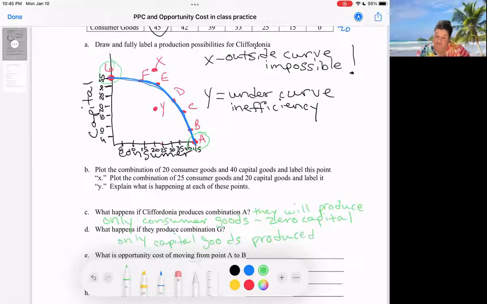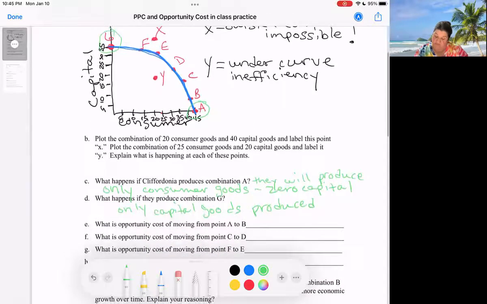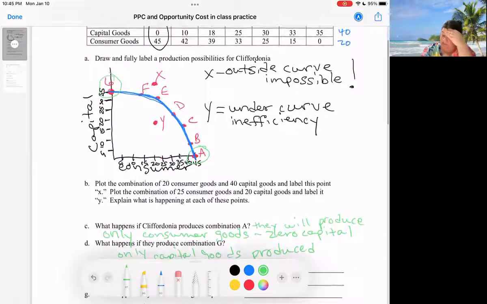All right, next, what is the opportunity cost of moving from point A to point B? Well, let's look. To go from point A to point B, we're going over just a little bit and up just a little bit. And this graph is a little hard to read because it's small, the scale's not very accurate.